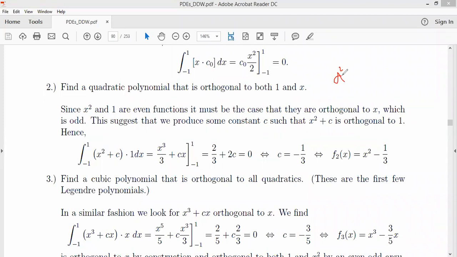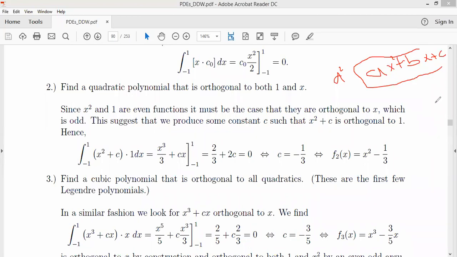This would be ax squared plus bx plus c. This is the generic form of a quadratic function, ax squared plus bx plus c.